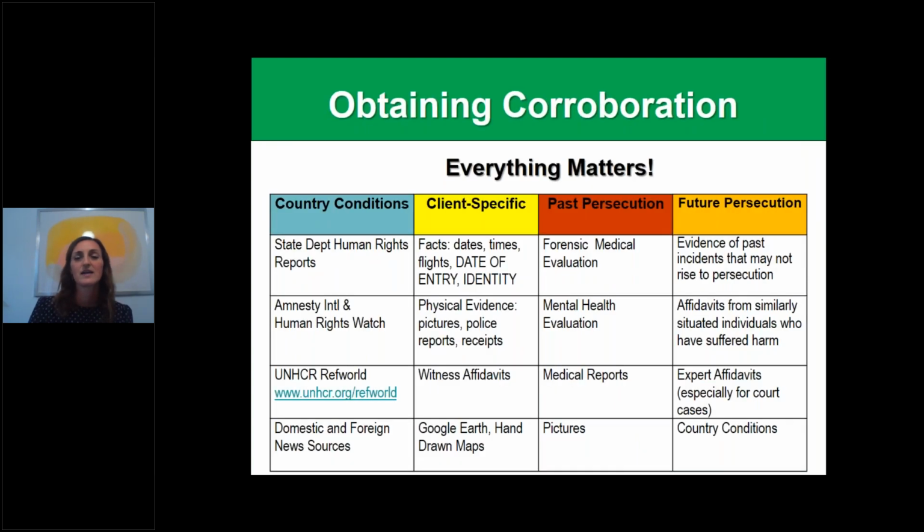So on this next slide here, we can have just a bunch of different examples of types of places you're going to look for corroborating evidence. So one thing that we always do in an asylum case is provide country conditions evidence. You need to kind of go into an asylum case thinking that the adjudicator knows nothing about your client's home country, and so you need to educate them.